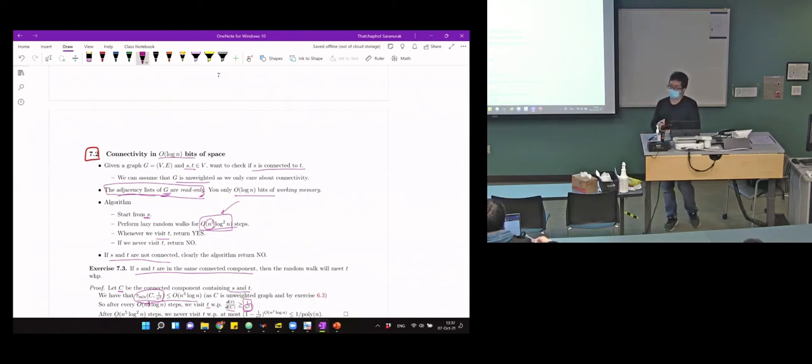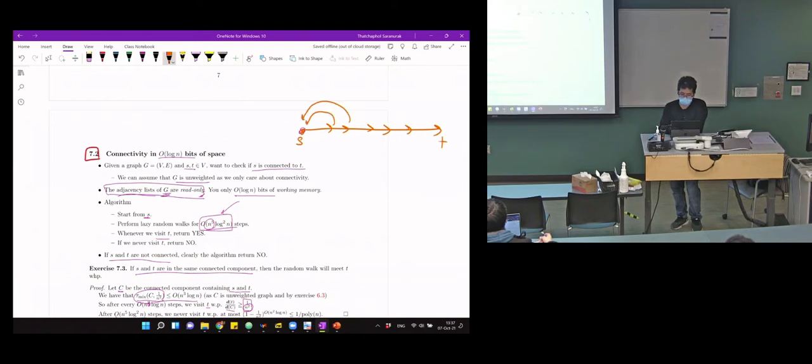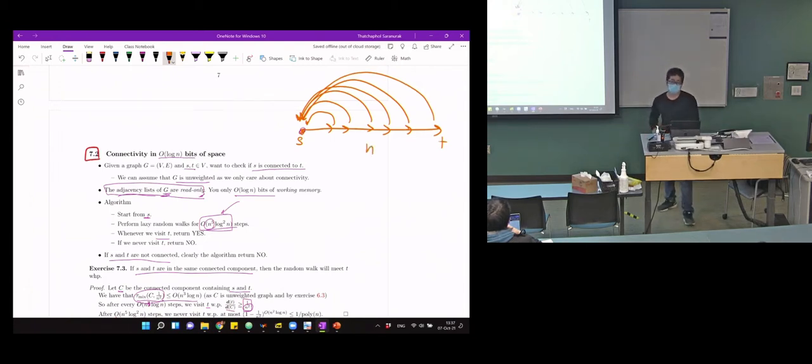And the reason is that you can consider this graph where there is a directed path. Suppose this is S and this is T. And then now you create this thing. And you can see that if the length of this path is n, the probability that S can reach T is something like 1 over 2 to the n.